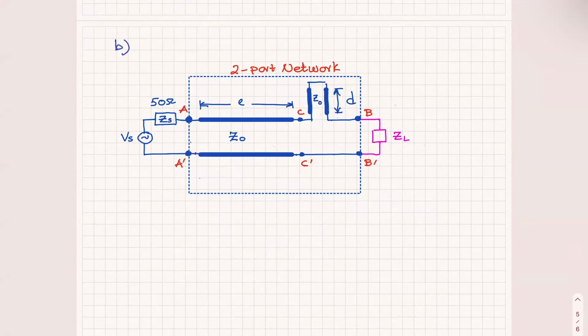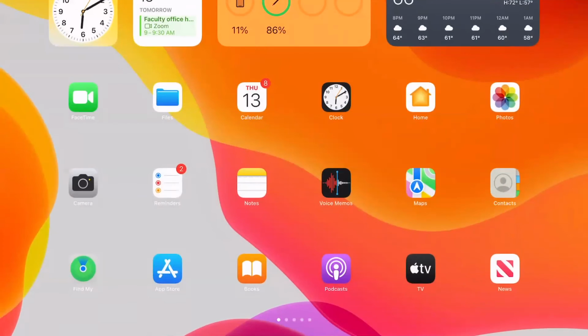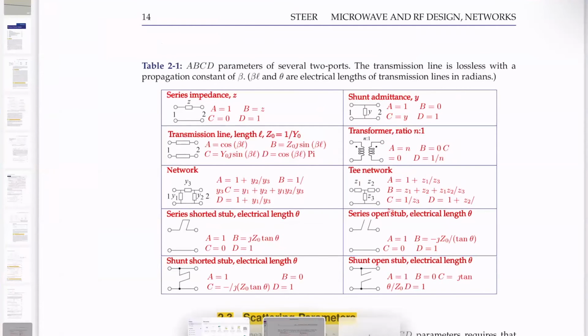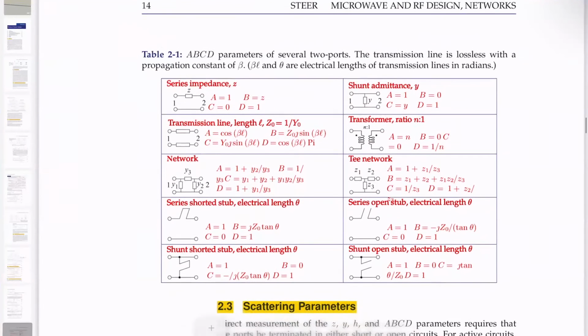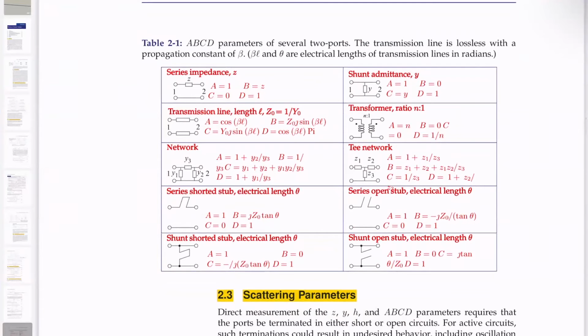Let me go back for a second to what we saw before. We have this network here, and I need to keep that in mind. We're going to use this for the ABCD matrix.